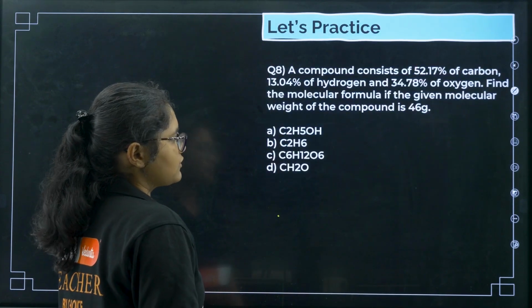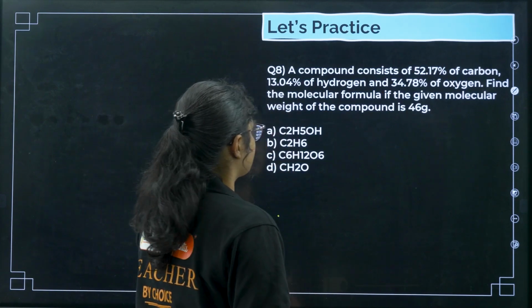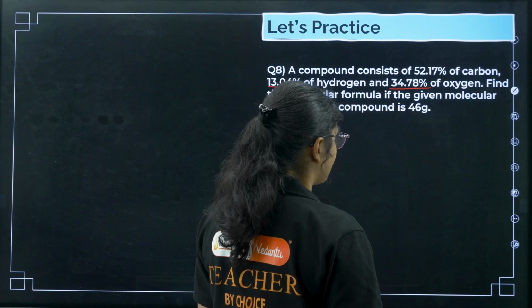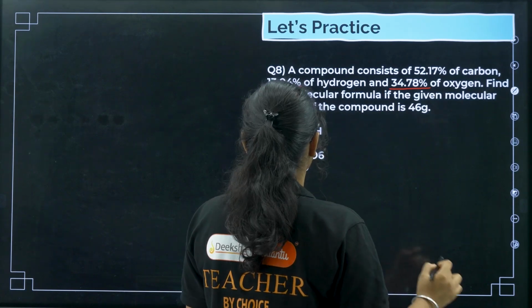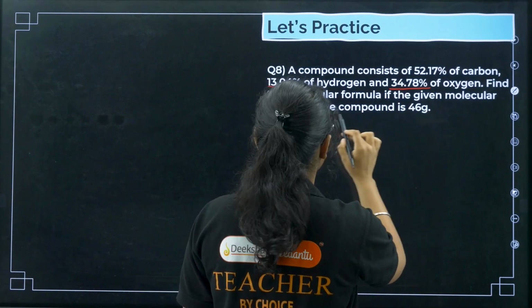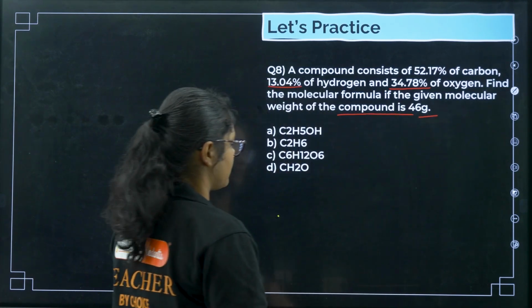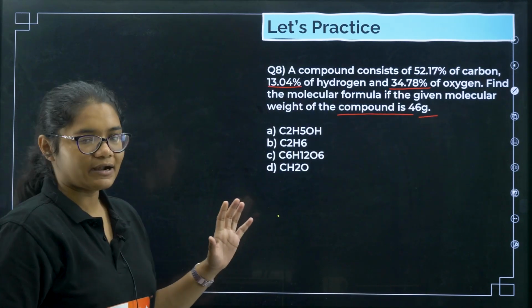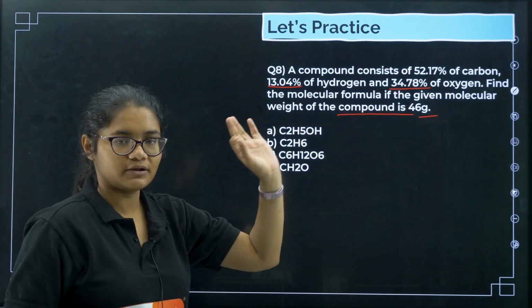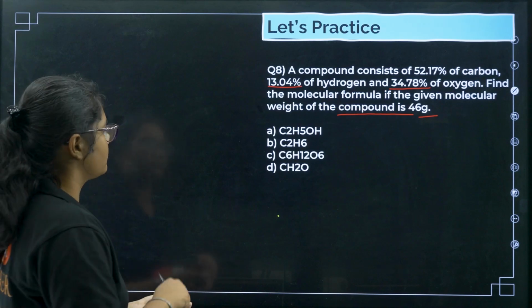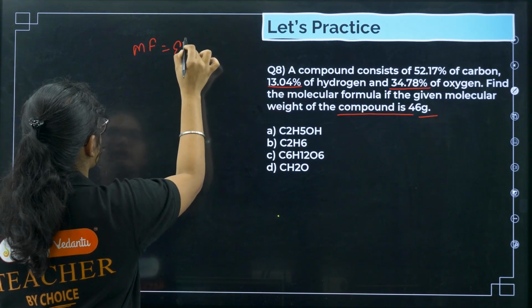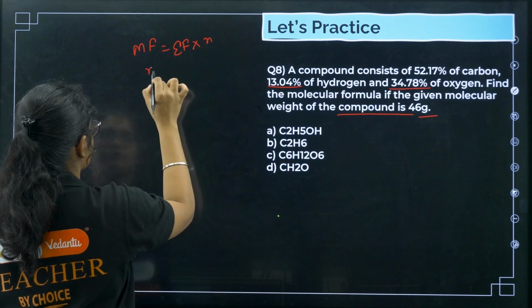A compound consists of 52.17% of carbon, 13.04% of hydrogen and 34.78% of oxygen. Find the molecular formula if the molecular weight of the compound is 46 gram. Okay, so now let us first solve this. So first of all, here you need to calculate molecular formula, but for knowing molecular formula, what is the formula I told you? Molecular formula is equal to empirical formula into N. And how to find N?